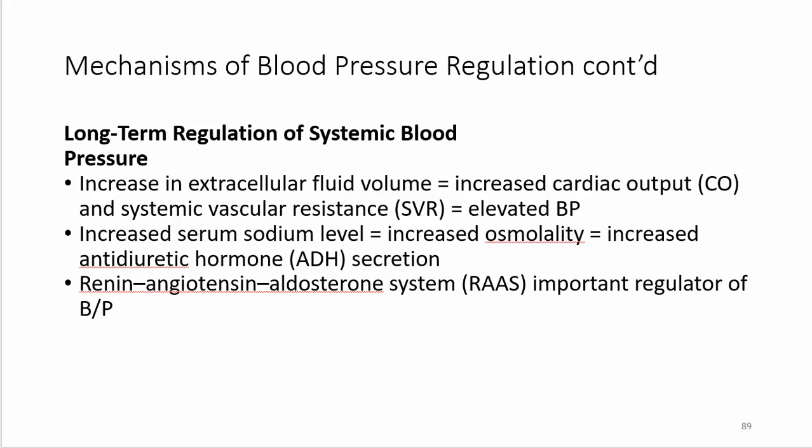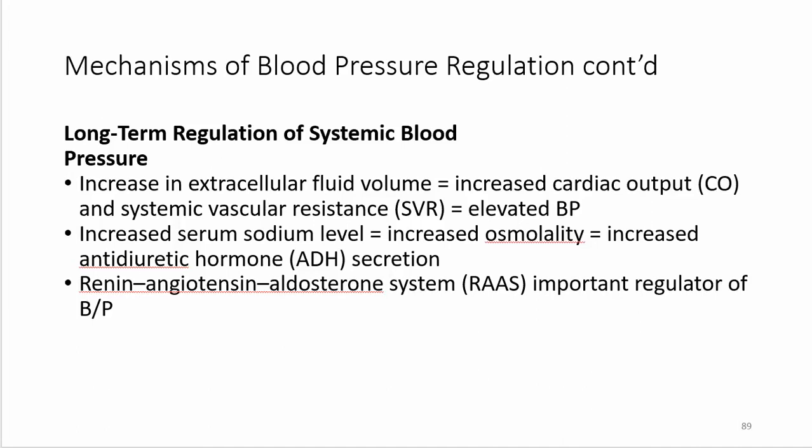Now, angiotensin 1 doesn't have a direct effect, but angiotensin 1 converts to angiotensin 2 using an enzyme called ACE, angiotensin converting enzyme. So ACE makes angiotensin 1 become angiotensin 2.